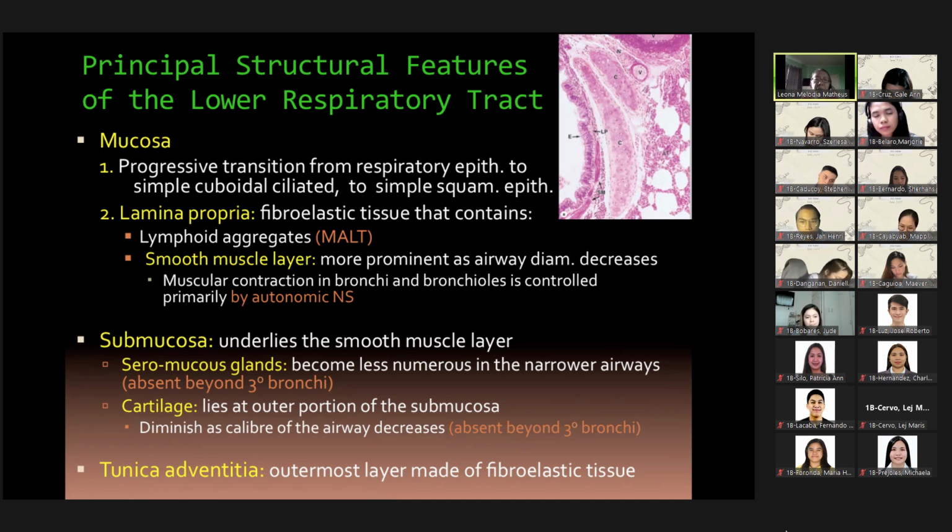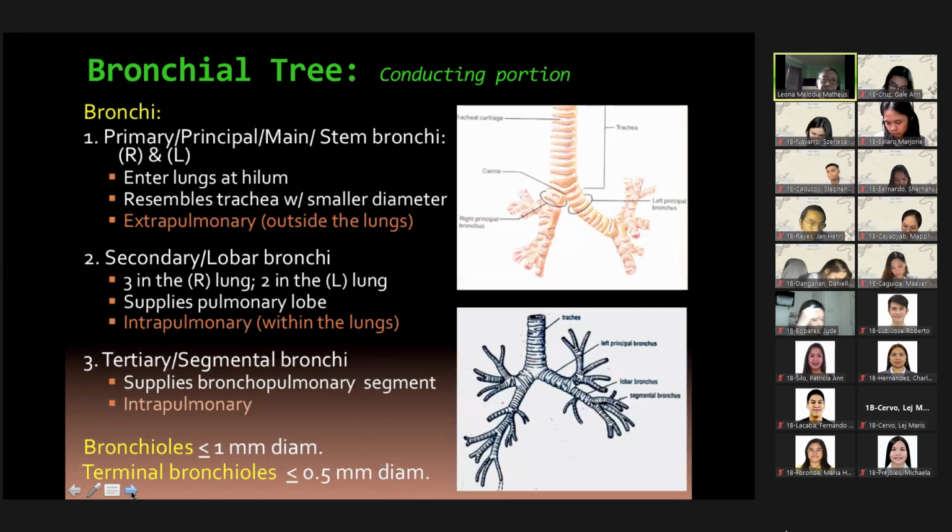But do not forget, beyond the tertiary bronchus, you don't find glands, you don't find cartilage. Ibig sabihin, hanggang tertiary bronchus lang ang cartilage at glands natin. So this is the general characteristics of your lower respiratory tract.